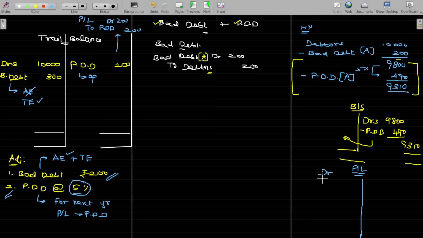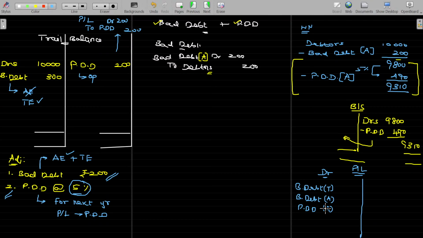Especially on the debit side, this is going to appear. How? Bad debt given in the trial balance, bad debt given in the adjustment, provision for doubtful debts we are supposed to create for the next year given in the adjustment. All these amounts are going to be charged to the P&L account, right?